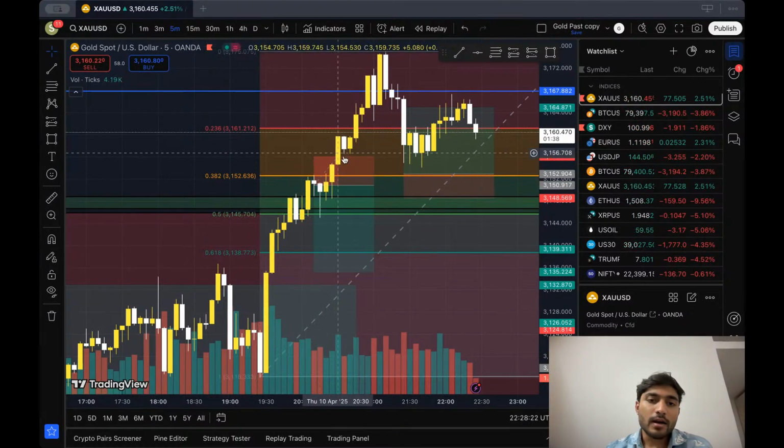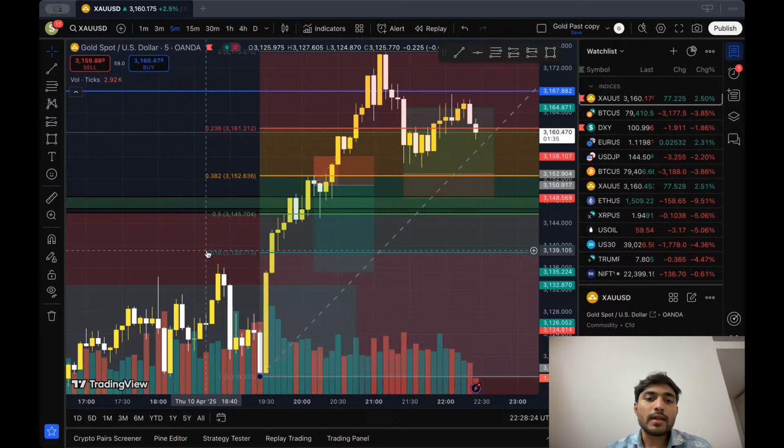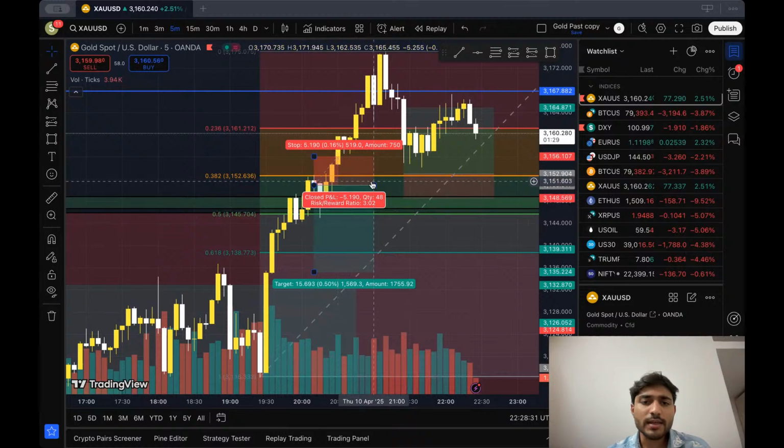I told that in Telegram as well, and I think people booked half of their quantities at that time. See, it reached this level. We had our entry at 150, let's say, and it reached 145.